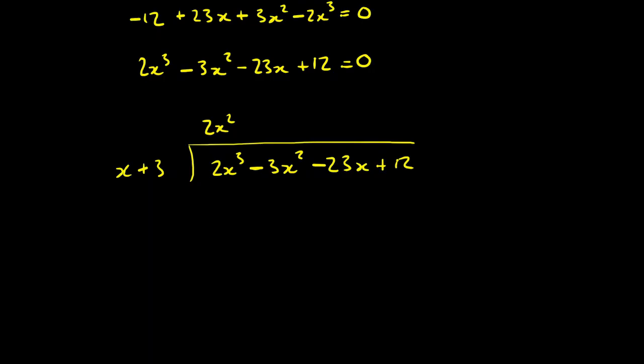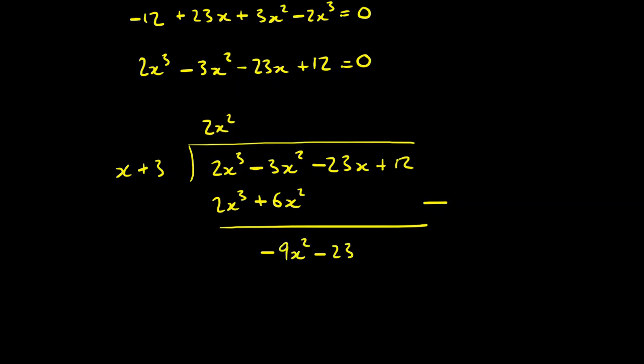We then take that 2x squared and multiply it by this whole thing here, and what we'll get is 2x cubed plus 6x squared. Having done that, we then subtract off. So 2x cubed minus 2x cubed is 0, which is what we want. Minus 3x squared minus 6x squared is minus 9x squared.